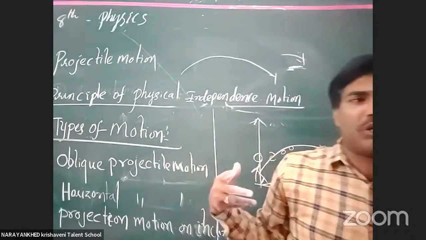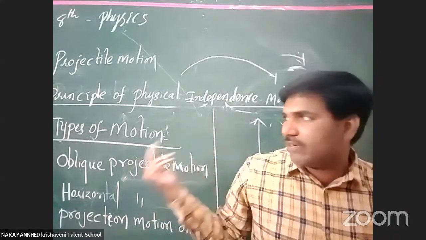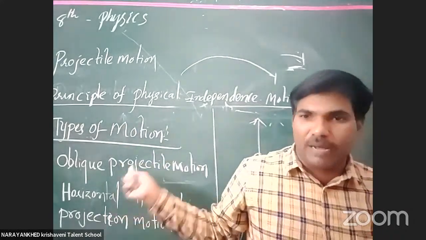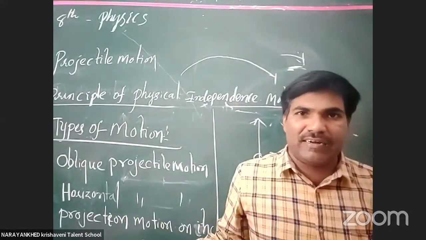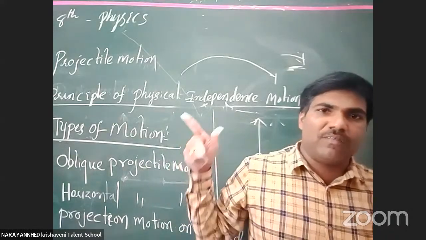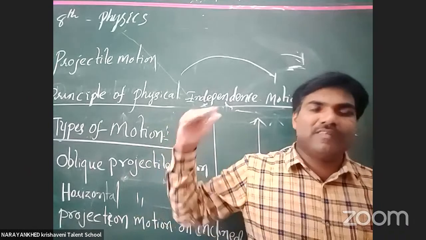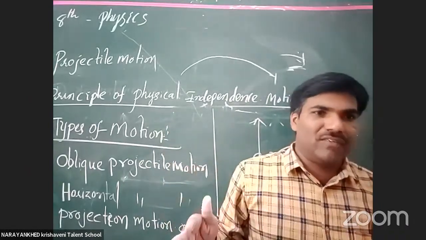Depending on the y component and x component variations, our projectile motions are again classified into three types. One is the oblique, another one is the horizontal projectile, another one is the inclined. Oblique means one is perpendicular to the other component. Horizontal is parallel to the x-axis, but it makes somewhat of an angle with the y-axis.